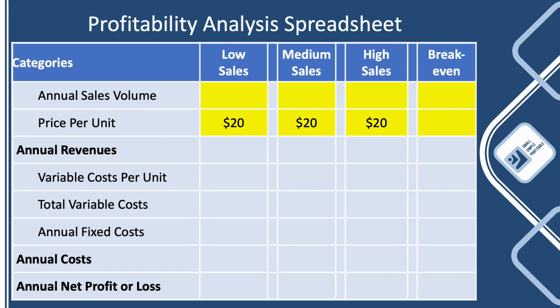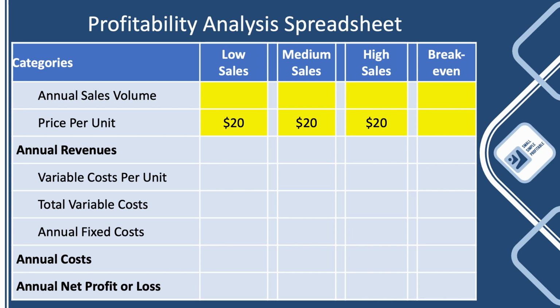Now, this could refer to $20 for an hour of language lessons, or $20 for an hour of consulting, or $20 for a half day of training. It could also refer to $20 for a tangible item like a tool or a bicycle tire or a bag of oranges. For this example, I will use hours of language lessons as the unit of sales, and I'll set the price per unit at $20 an hour.